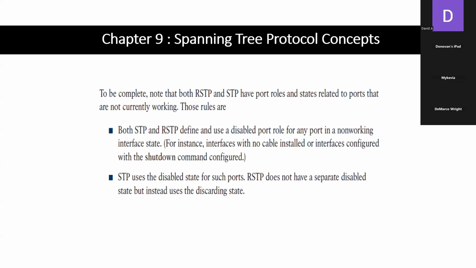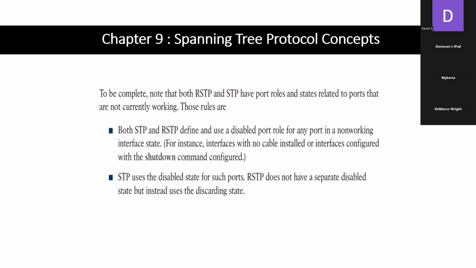With Rapid Spanning Tree, convergence within a spanning tree topology is 10 seconds. Okay. So how was it able to do that? How was it able to improve convergence from 50 seconds to 10 seconds?